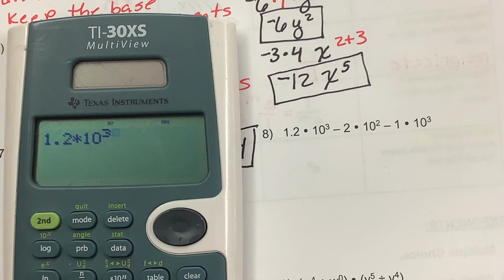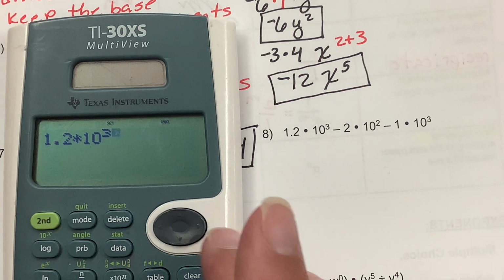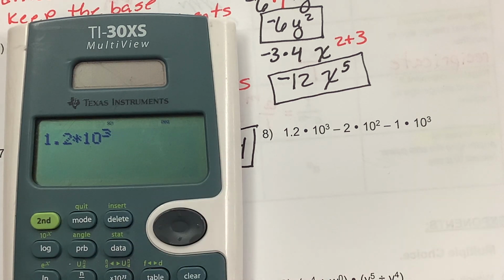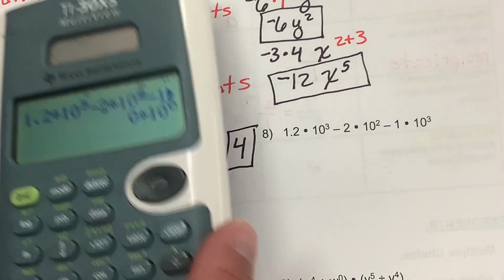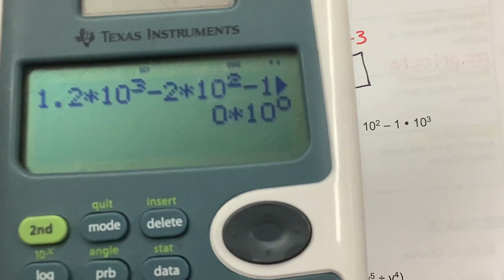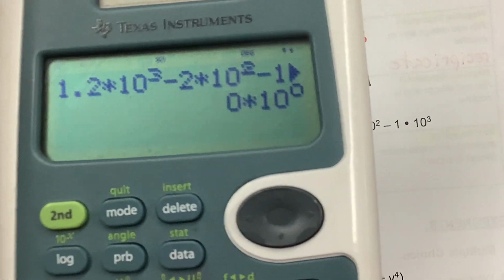Now, I'm still on the exponent. I don't want to mess my work up, so I have to get off of the exponent before I subtract 2 times 10 to the second power, off the exponent, minus 1 times 10 to the third power, off that exponent, hit enter, and look at that weirdness I get. 0 times 10 to the 0 power.